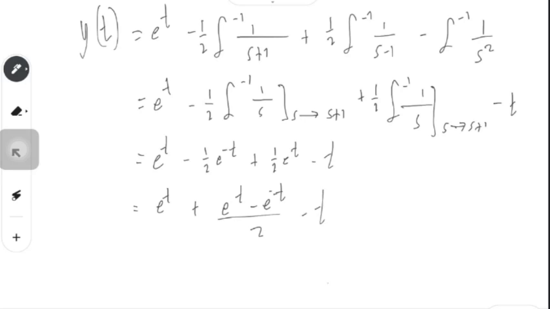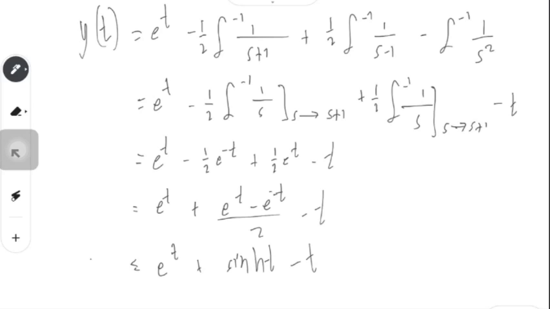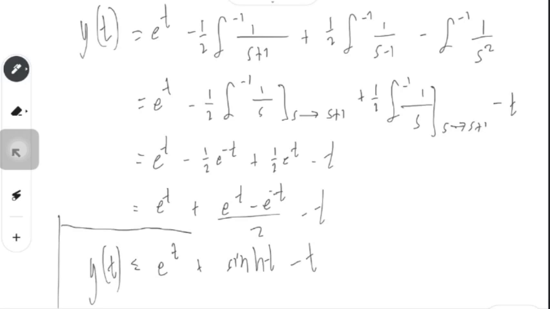And this is the definition of hyperbolic sine. Magiging hyperbolic sine of t minus t. Pwedeng ganyan. Okay na? Any questions so far?